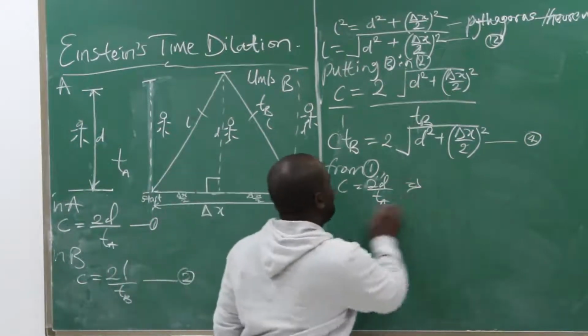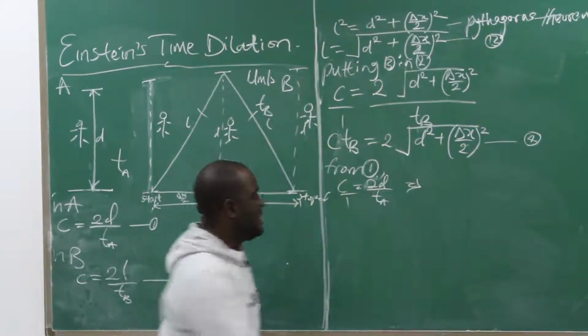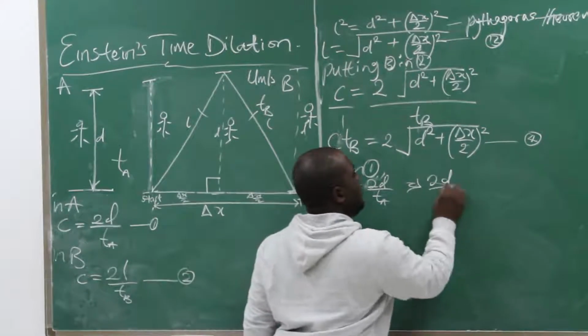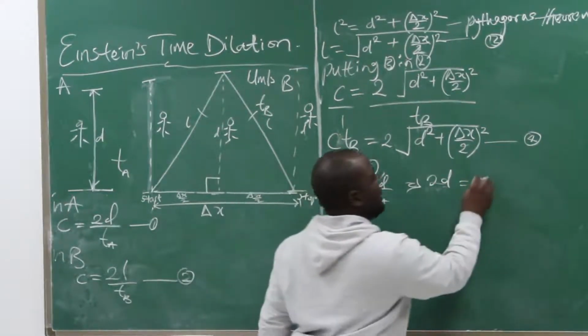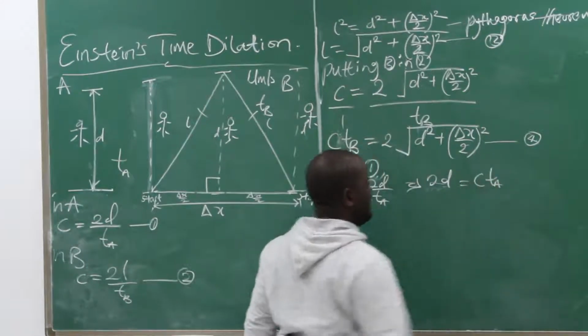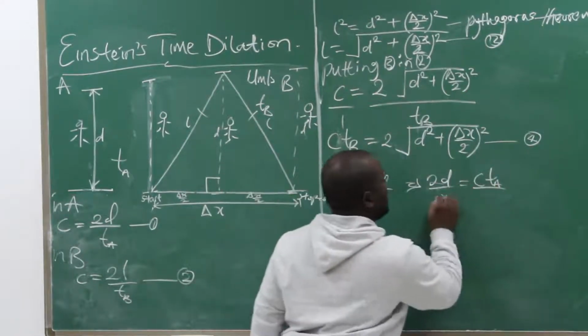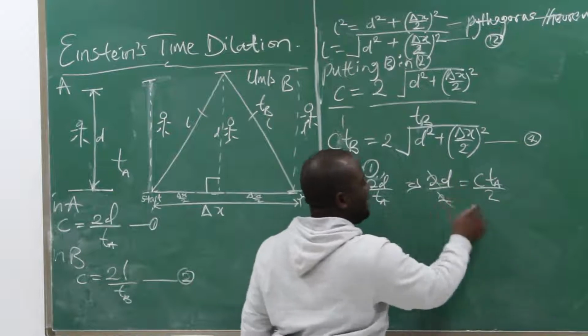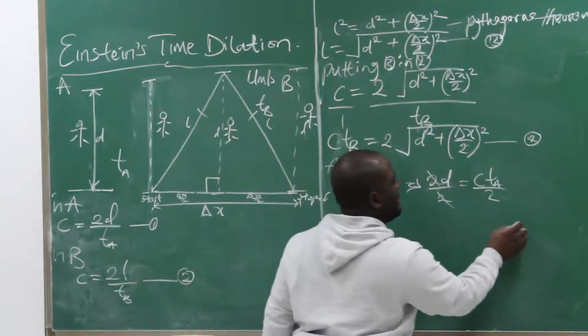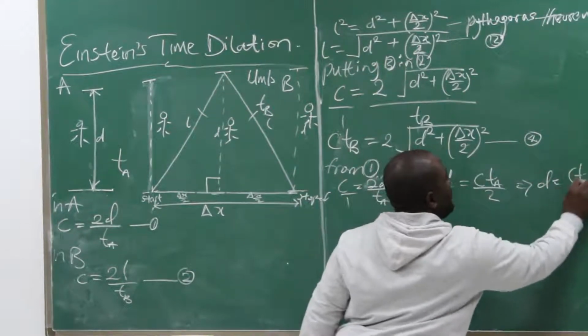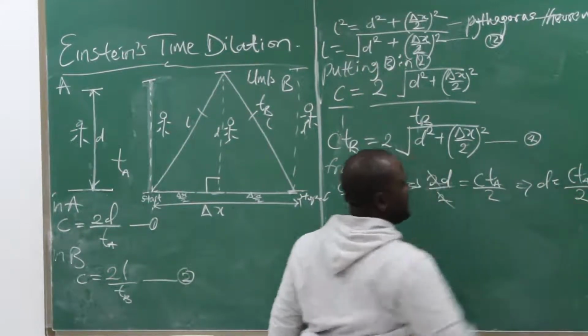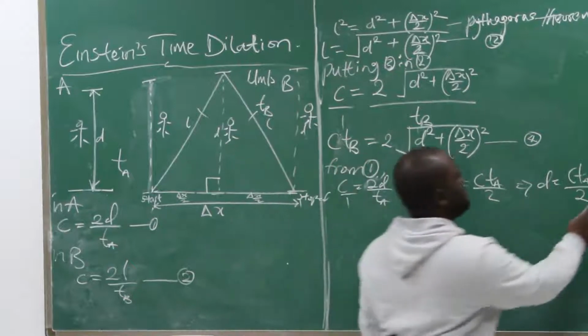Now, this also implies that when you do a cross multiplication, 2d is equal to C times TA, C TA. Divide both sides by 2, so we eliminate this and let d stand alone. Now, this implies that d is equal to C TA all over 2. Let's call this equation 5.